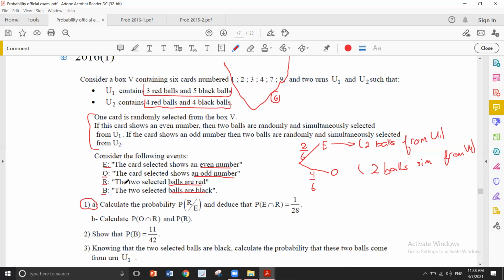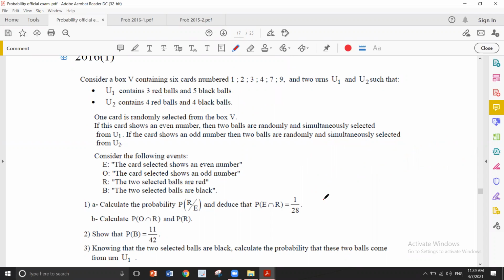Part A. Calculate the probability of R given E. What is meant by R given E? Red knowing it is even. So it means we choose an even number from V, and we calculate the probability that the chosen balls are red. If it is even, we take from U1.